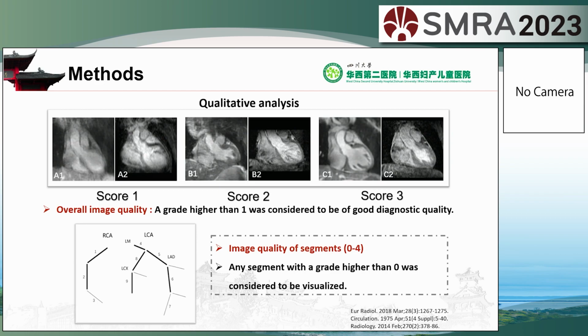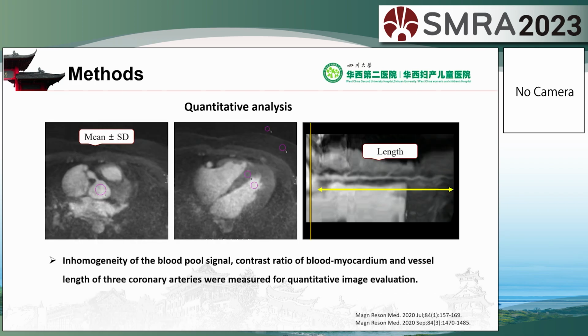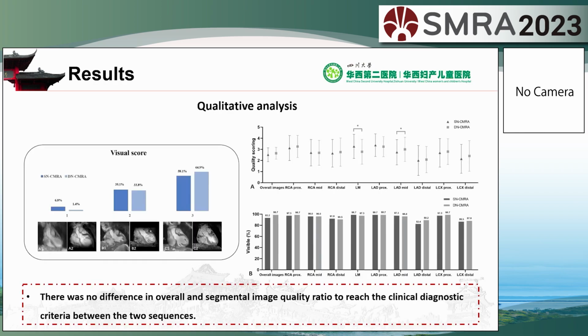The 3 coronary arteries were divided into 9 segments. Image quality of segments was graded on a 5-point scale. Any segment with a grade higher than 0 was considered visualized. Inhomogeneity of the blood pool signal, contrast ratio of blood and myocardium, and vessel length of the 3 coronary arteries were measured for quantitative image evaluation.